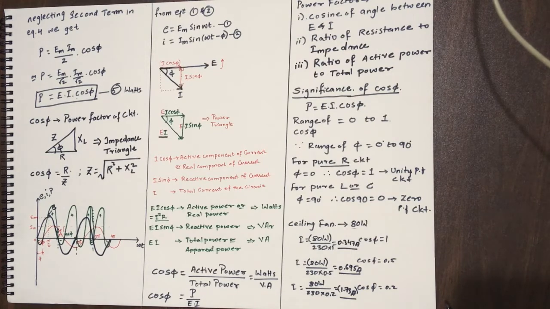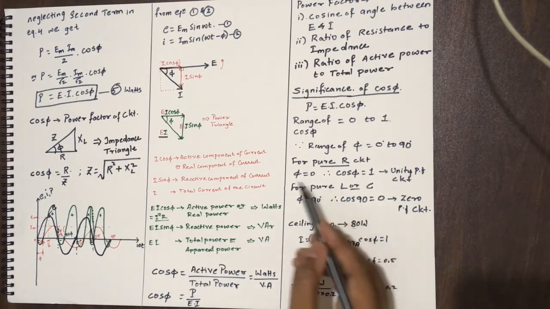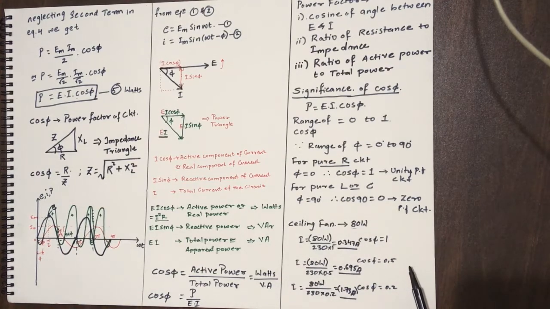Now what happens from the supplier side? Whenever any load is decided for a particular firm or industry, or it may be a domestic firm, a load is fixed. Then depending upon that fixed load, the conductors are used to deliver the power from the source to the load center.